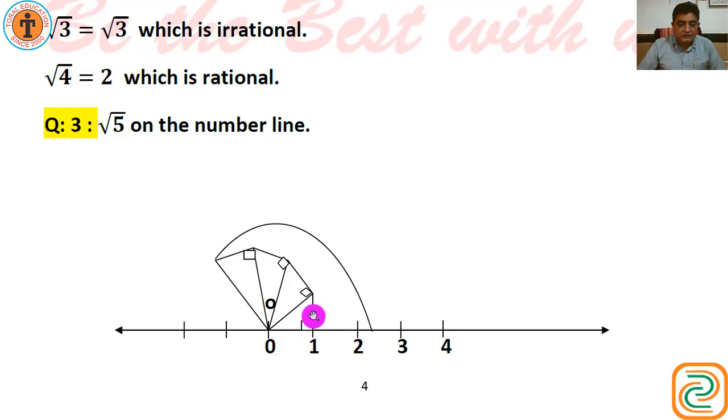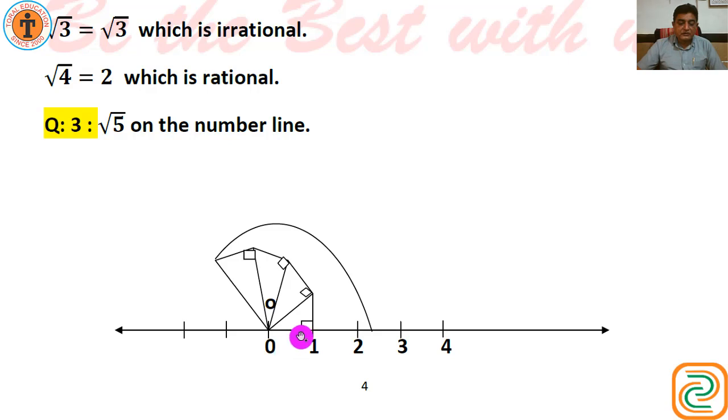Perpendicular means at 90 degrees, at right angle. Then construct a line which is called hypotenuse. Pythagoras theorem says the square of the hypotenuse is equal to the sum of the squares of the other two sides which form the right angle. So here 1, here 1.